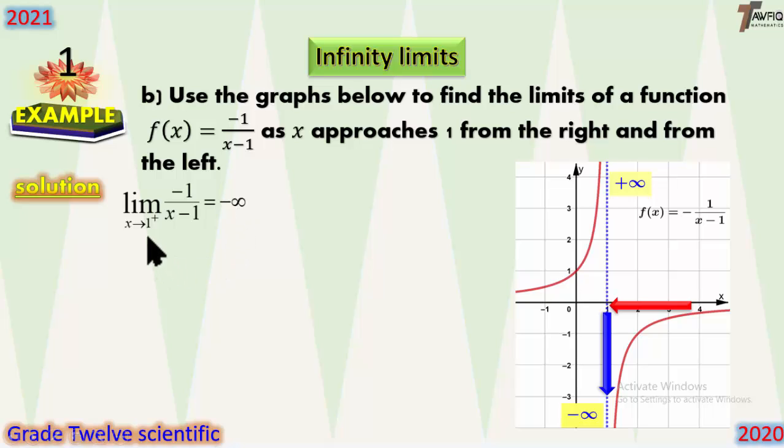Or, because we are approaching 1 from the right, we take a number bigger than 1, let it be 2, and replace it in the function. Minus 1 over 2 minus 1; 2 minus 1 is 1, and minus 1 over 1 is minus 1. Because it is negative, it goes to minus infinity.